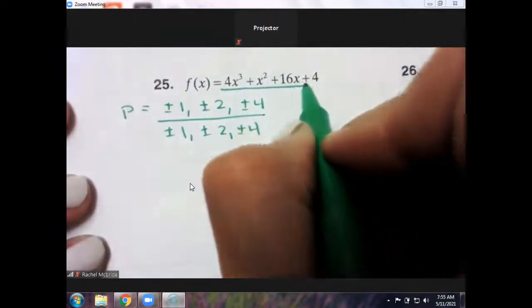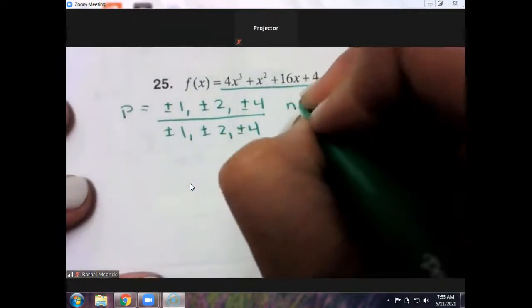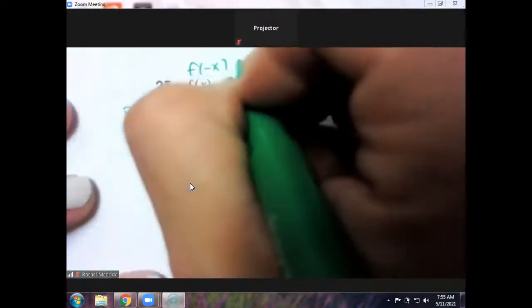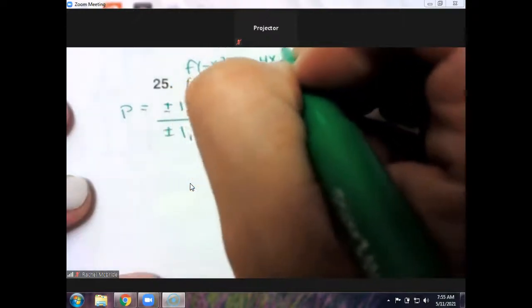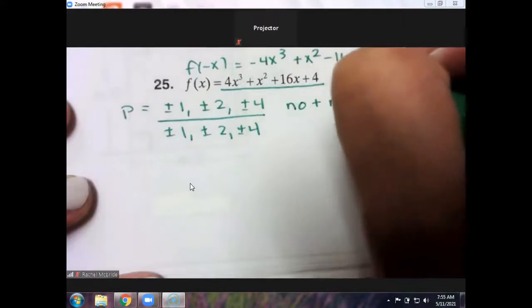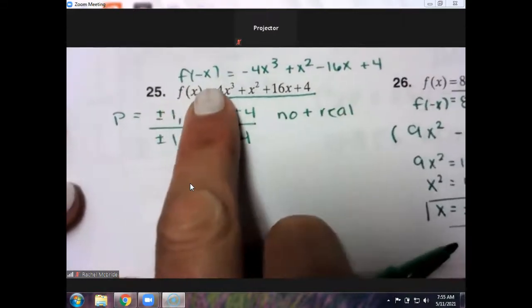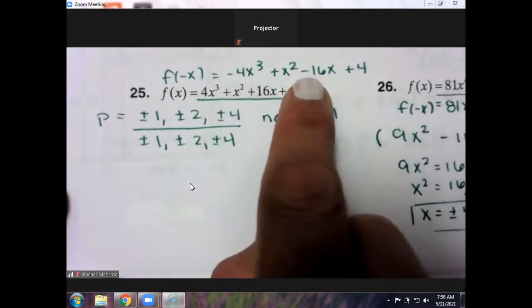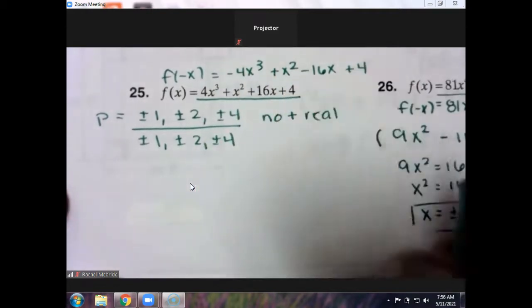And again, if you take into account no sign changes, so that's no positive reals, you plug in negative x, you get negative 4x cubed, positive x squared, negative 16, positive 4.